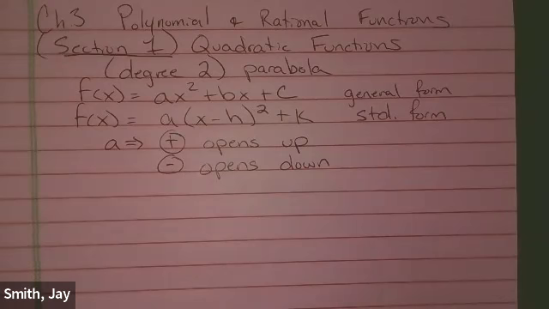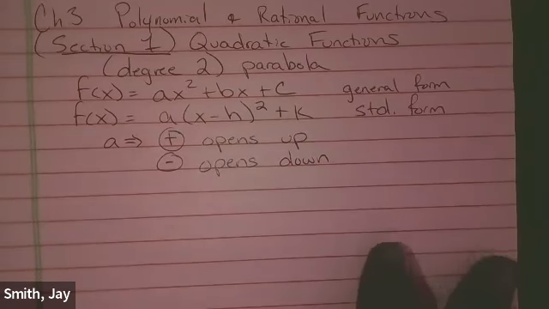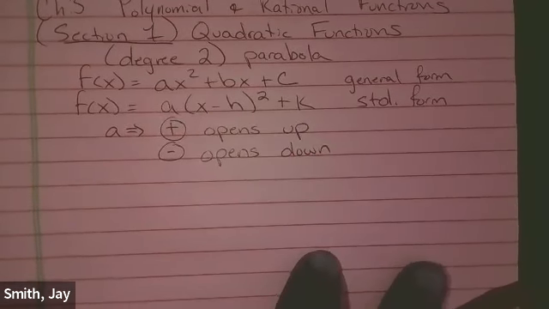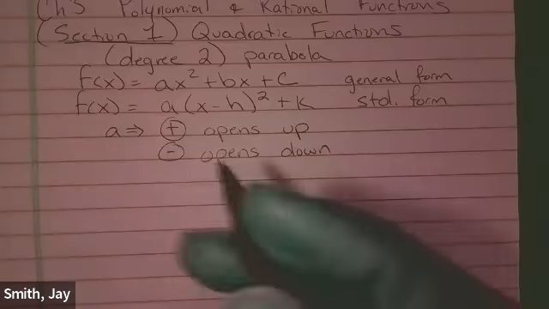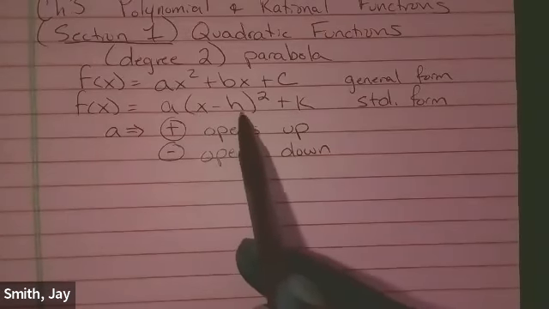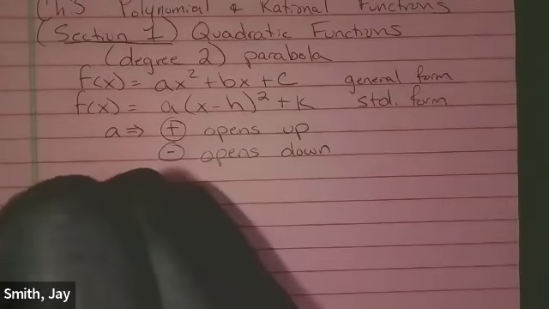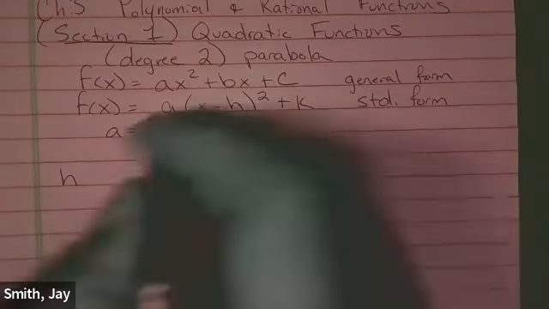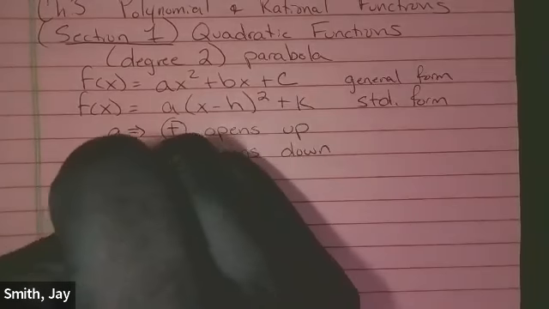All right. Now, we think back to 2.7, those transformations of functions, horizontal and vertical shifts. The number attached to x is going to be the horizontal shift. So in this case, whenever we see h, that represents our horizontal shift.